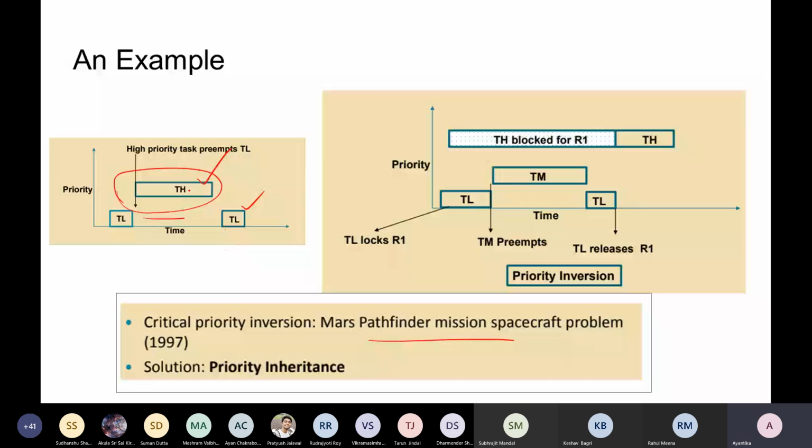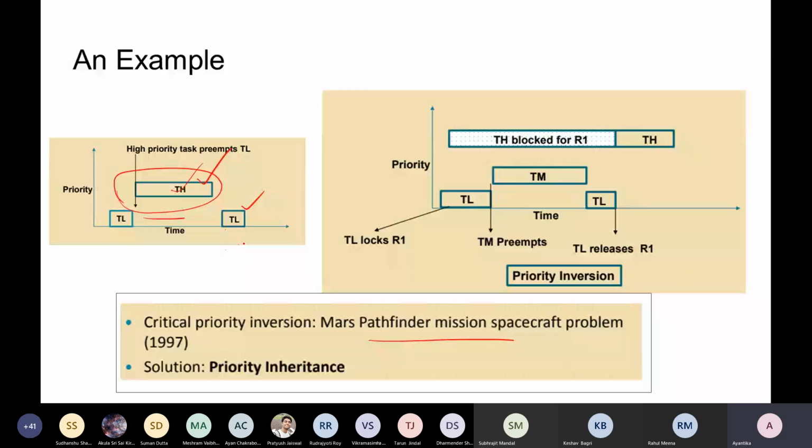Then preemption is not possible, because preemption is only possible when the low priority task comes out of this blocking stage. Clear? That means if the low priority task is blocking some shared resource that is shared with the high priority task, then the high priority task cannot preempt the low priority task.